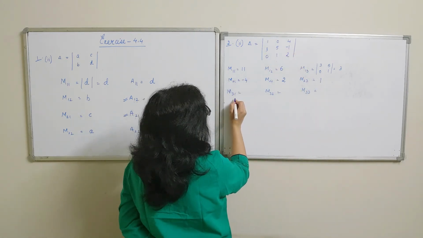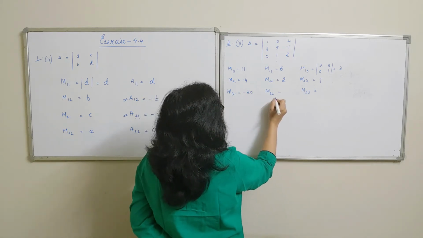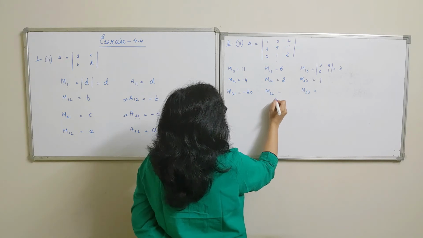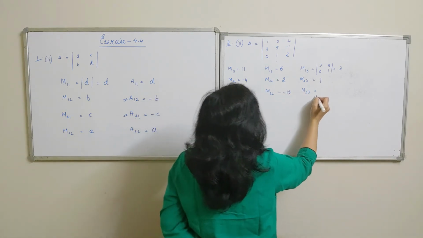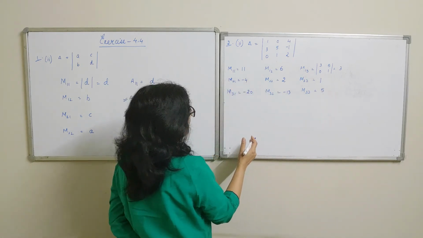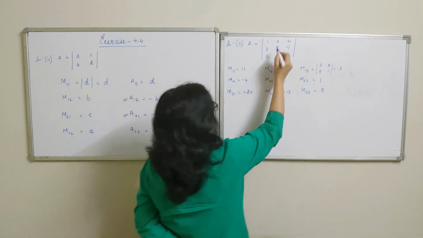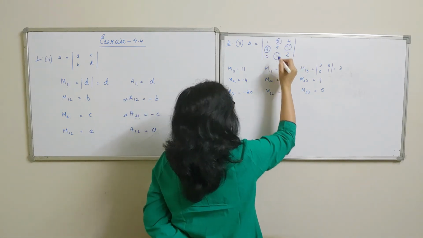Then M31 will be equal to minus 20. M32 will be equal to minus 1, minus 12, which is minus 13. And M33 will be equal to 5. So this way we have found the minors. Now when you find out the cofactors, you know the cofactors of these elements will change their signs.